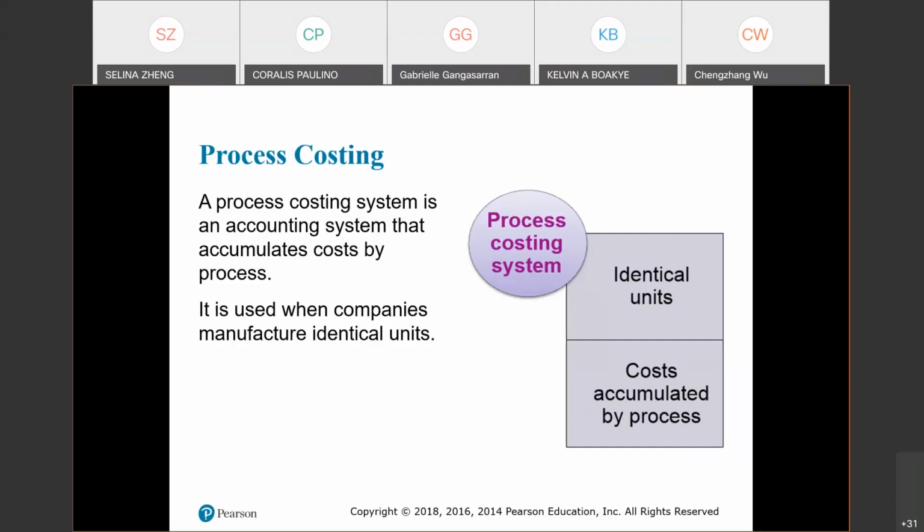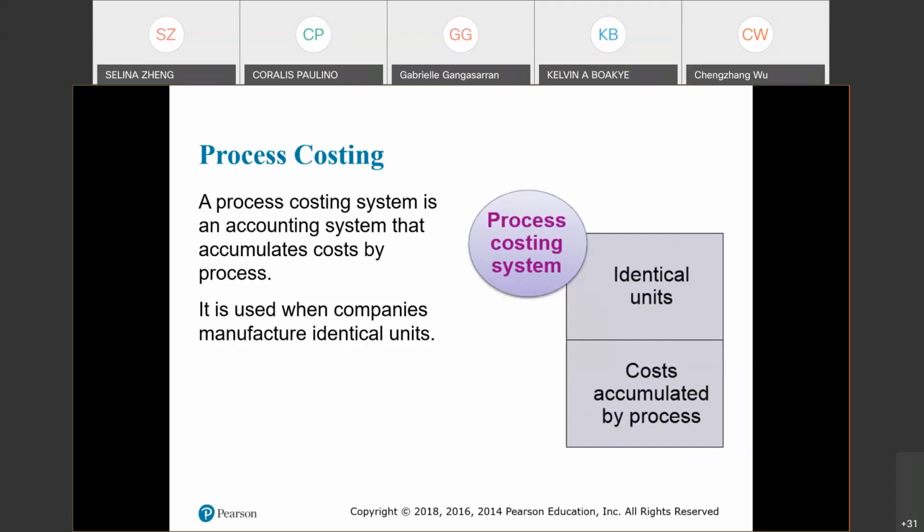For example, Coca-Cola, a soft drinks company, has a process that may include mixing, bottling, and packaging.